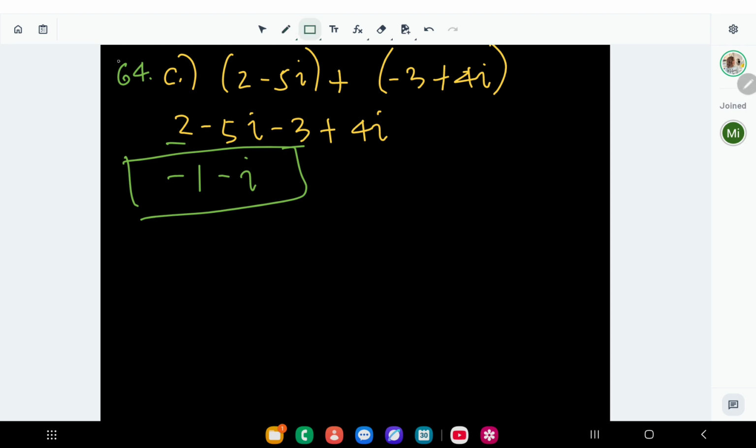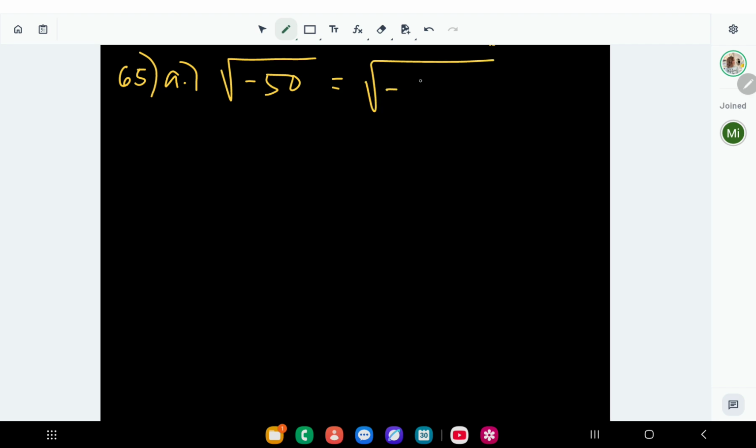Then move on to 65. 65a. A is the square root of negative 50. So we can write 50 as 25 times 2. The square root of 25 is 5, so that is 5i square root of 2.